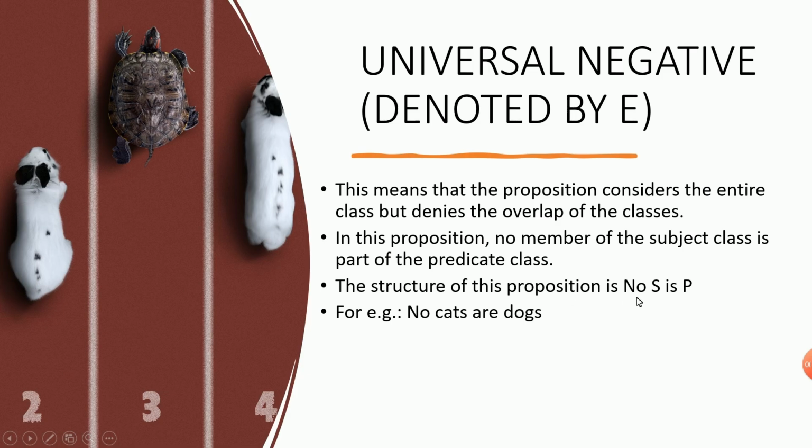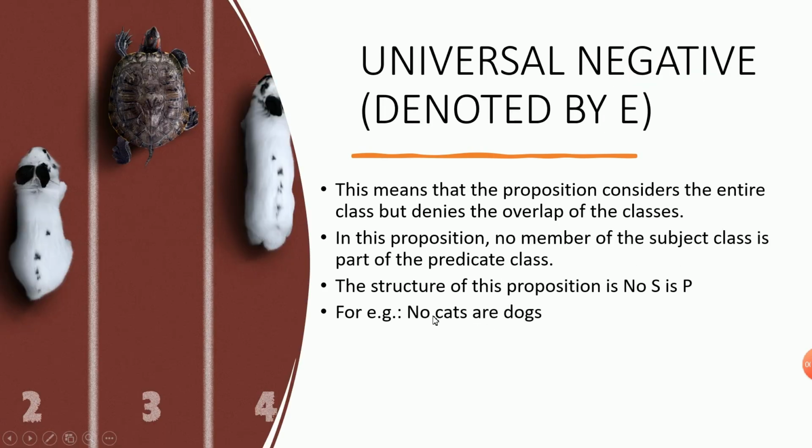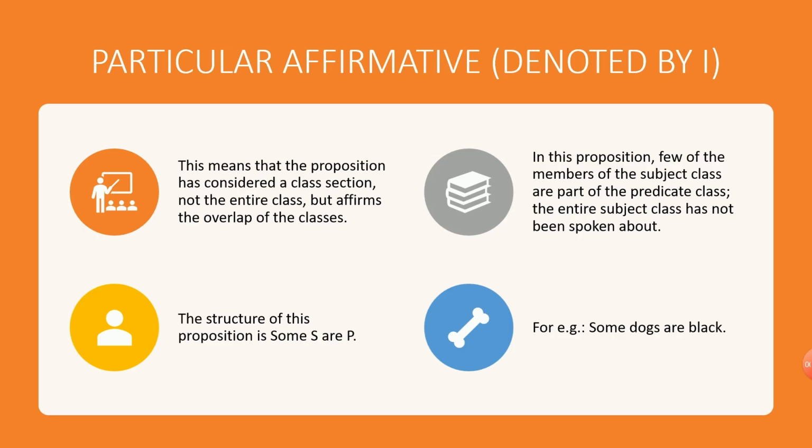So the structure would be: no S is P. For example, no cats are dogs. Sometimes they could also give it as all cats are not mammals, or no cats are dogs. So this is the universal negative categorical proposition.